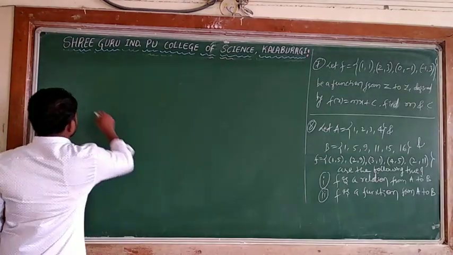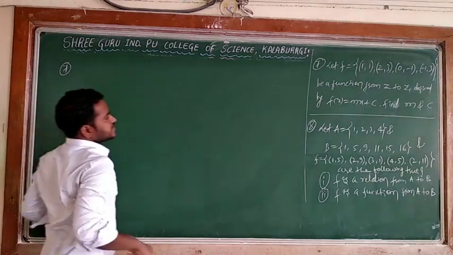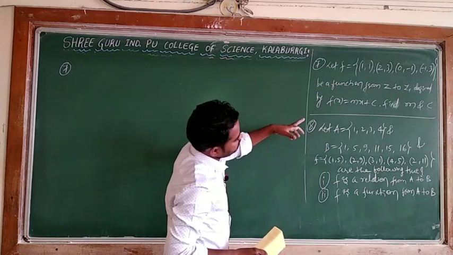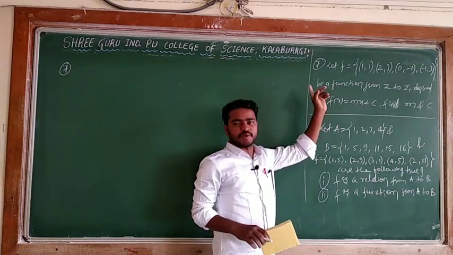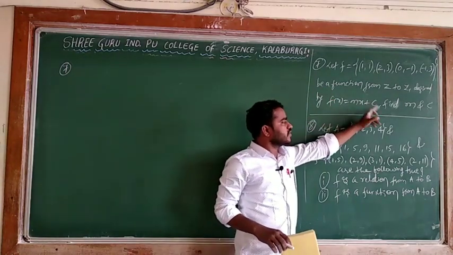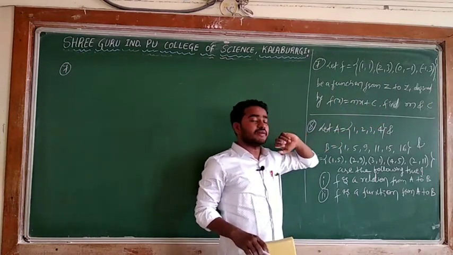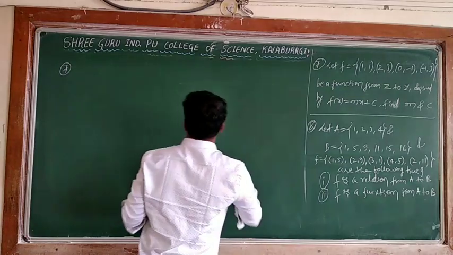Okay. Here, the seventh one is given f, and he is asking f of x is equal to mx plus c. It is like the same as the previous problem, the sixth one, but he is asking only for the m value and c value. It is like ax plus b; here a is m and b is c. What is given?